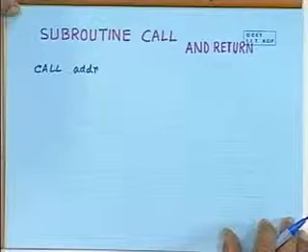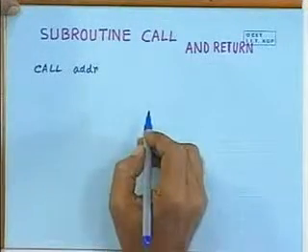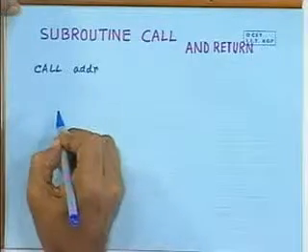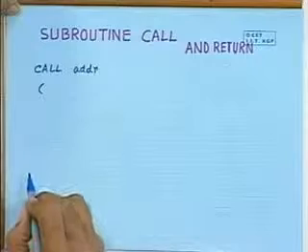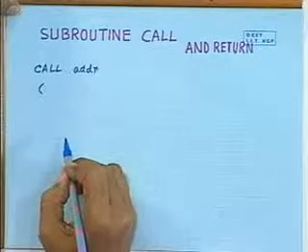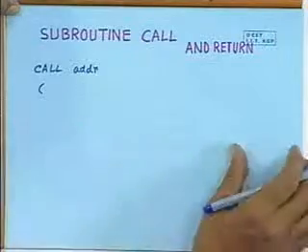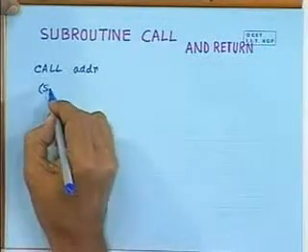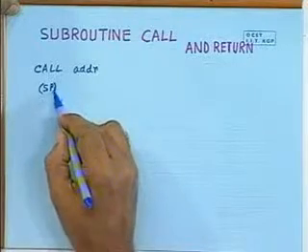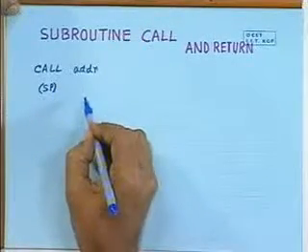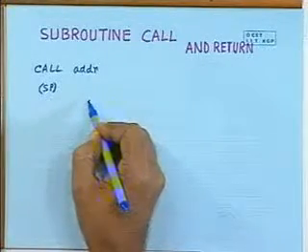Whenever you perform a subroutine call, you have to load the program counter with some new value, but before that, the program counter has to be saved so that you can return to this point.